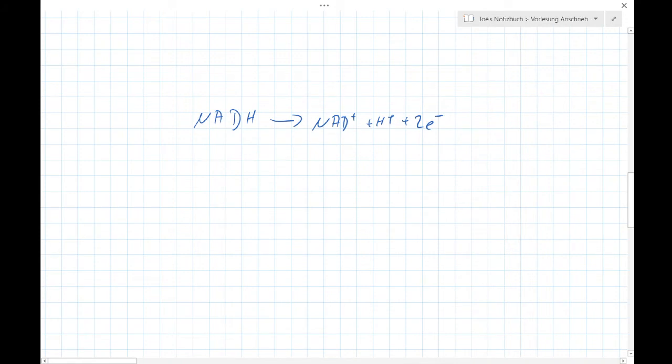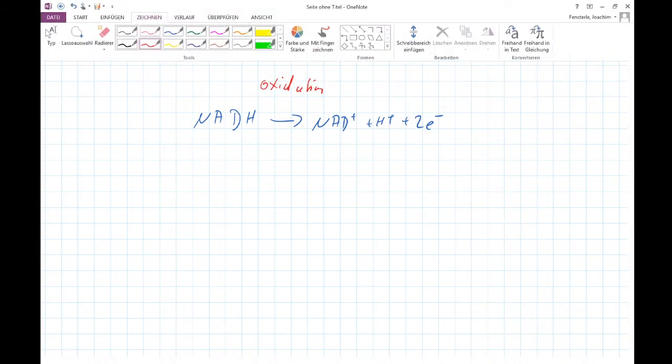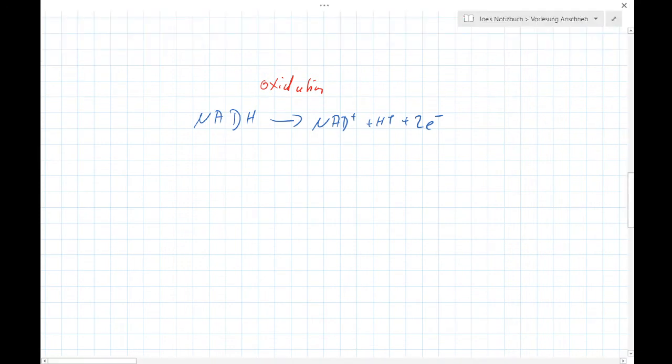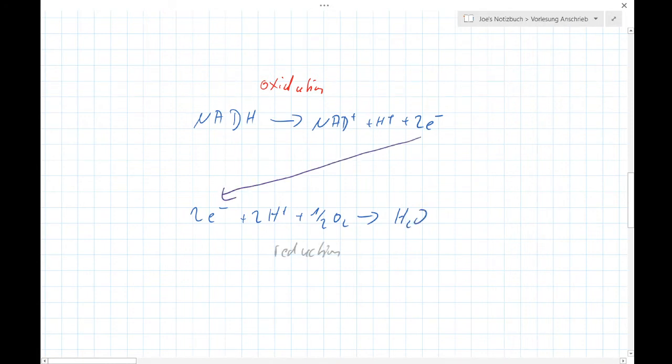This is the oxidation part. And now I have my reduction part, with 2 electrons. Now I also put in the protons, and we can directly produce water from half of the oxygen. So this is my reduction. The electrons go from here to here.